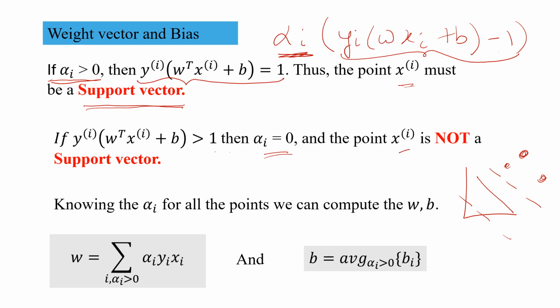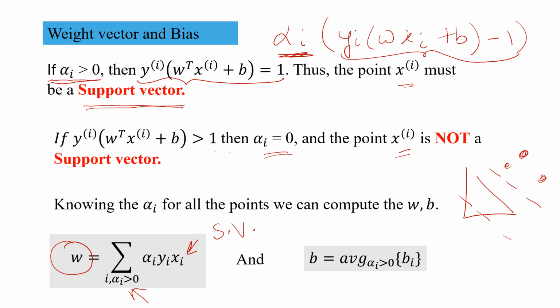So this implies x i is not a support vector. Knowing the alpha i's, we compute w by summing over only those x i's where alpha is greater than 0, that means where x i is a support vector.